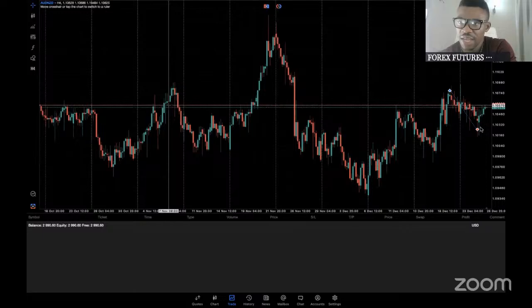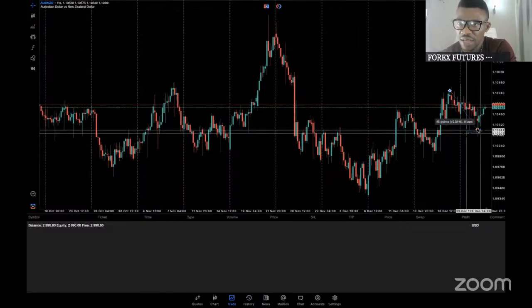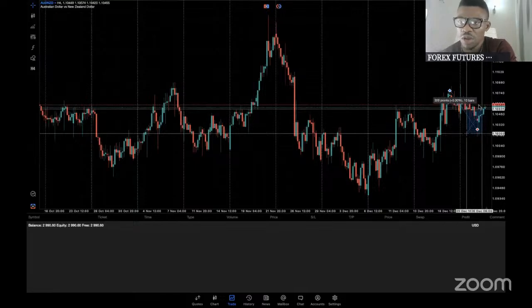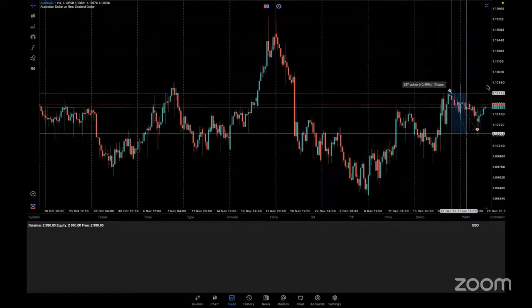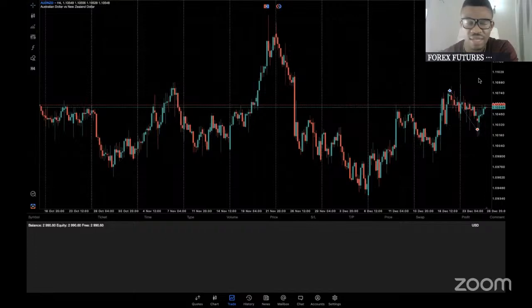If you click here where you have our SL being taken and drag it upwards, you'd have about 31 pips. But if you drag it to the entry, you have about 53 pips. So we were of the opinion that the stop loss should be around 50 pips from the entry.